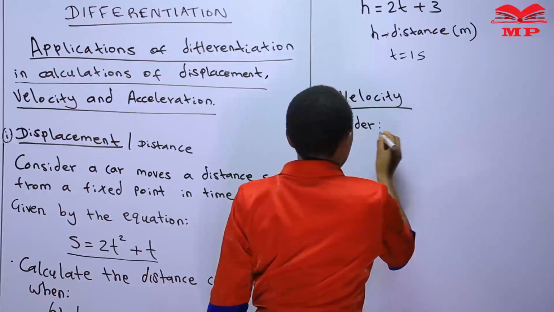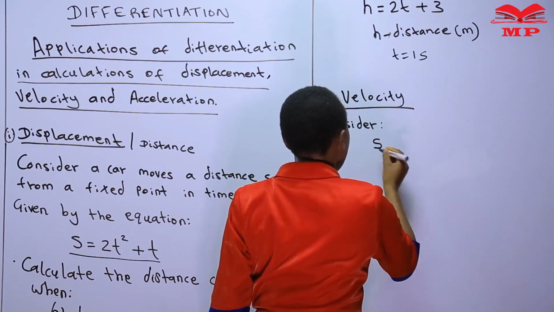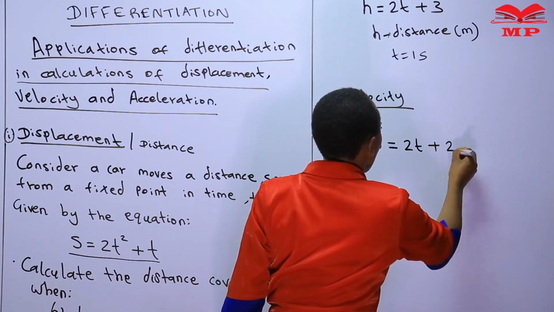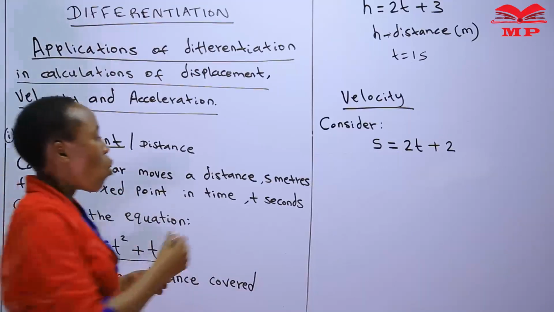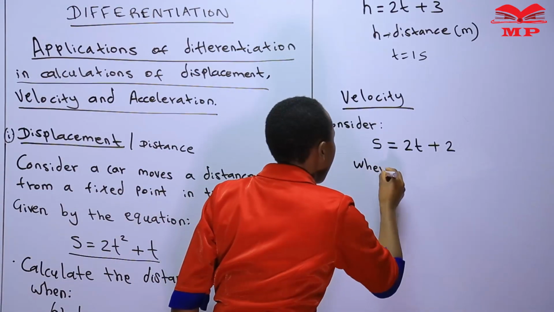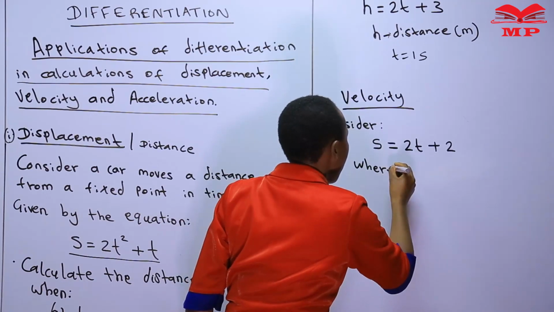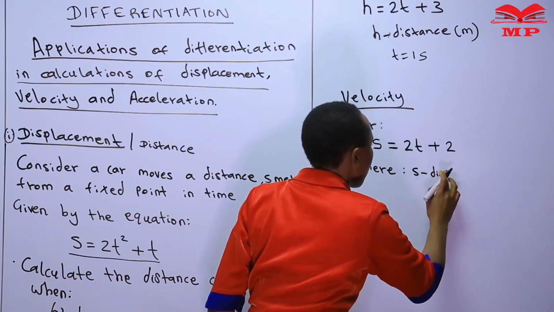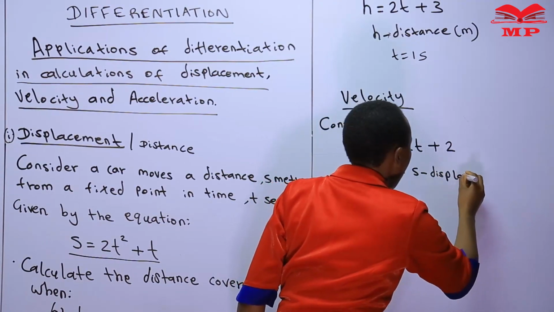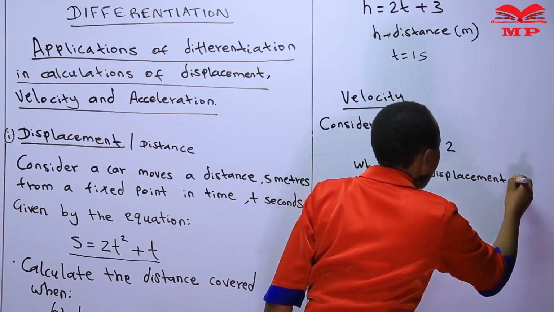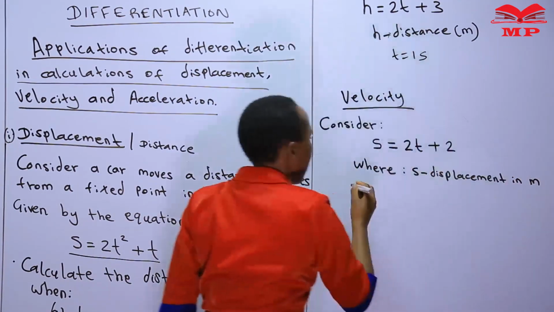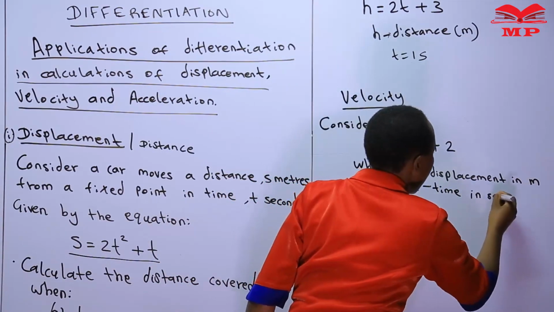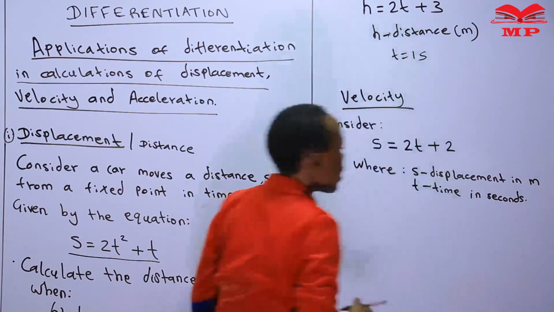So you consider an equation whereby distance, our s, is equal to 2t plus 2, where this is a body covering a distance s, where s is the distance, or we can call it the displacement, in meters, and t is the time in seconds.